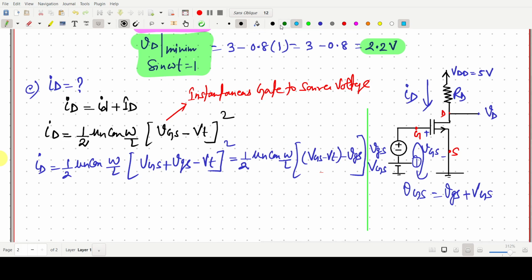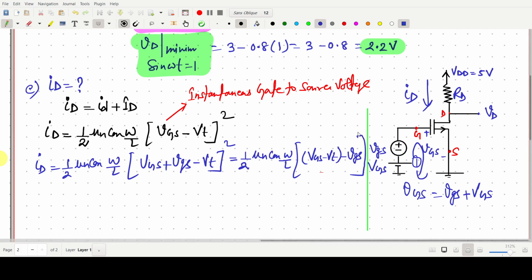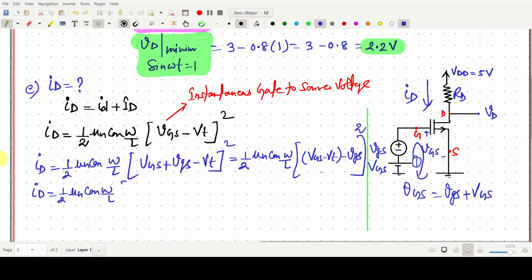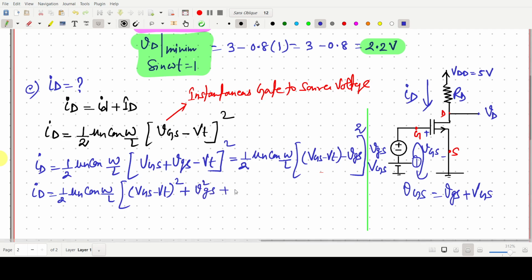Now one more thing. There is a square term, so let us expand the square. So the iD value will be 1 by 2 mu n Cox W by L times, in the bracket, VGS minus VT whole square plus vgs square plus twice times VGS minus VT into vgs.